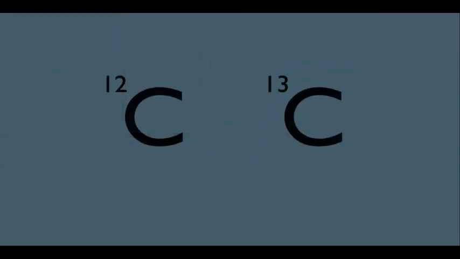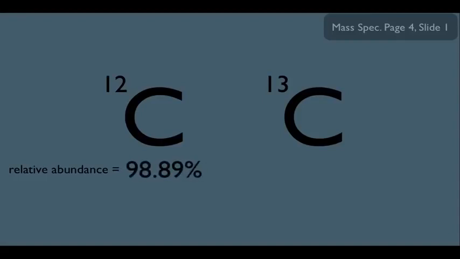Remember, carbon comes in two isotopes, carbon-12 and carbon-13. And you might remember from general chem that the relative abundance of these two isotopes are 98.89% to 1.11%. What did this mean? Let's say you happen to have a bunch of carbon atoms in your hand.